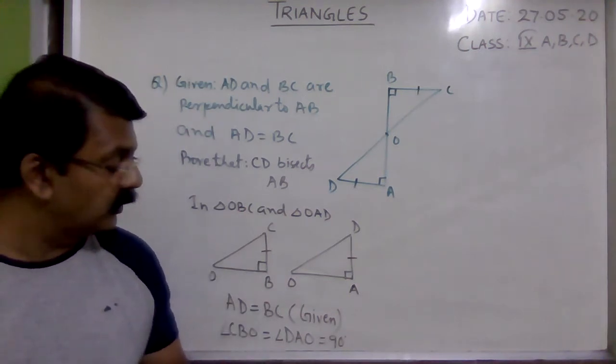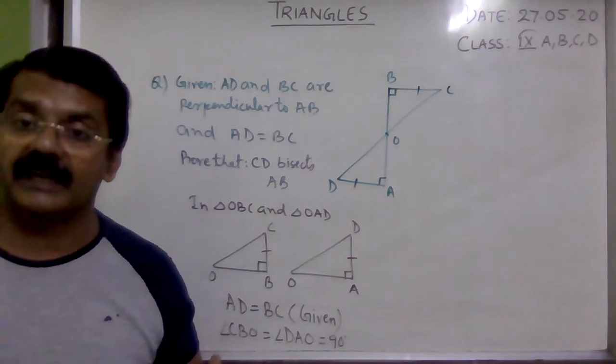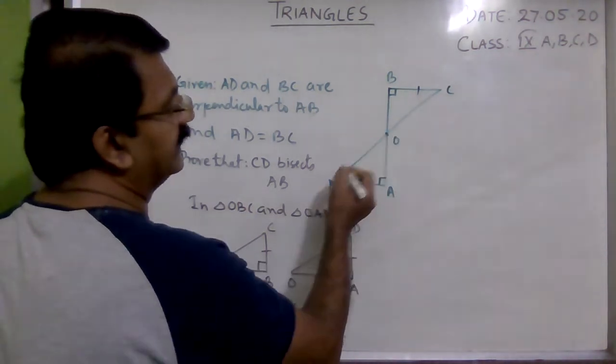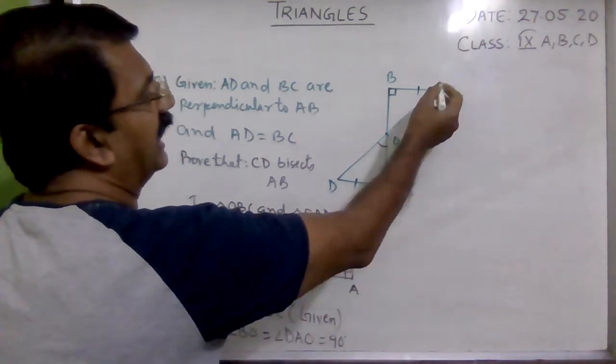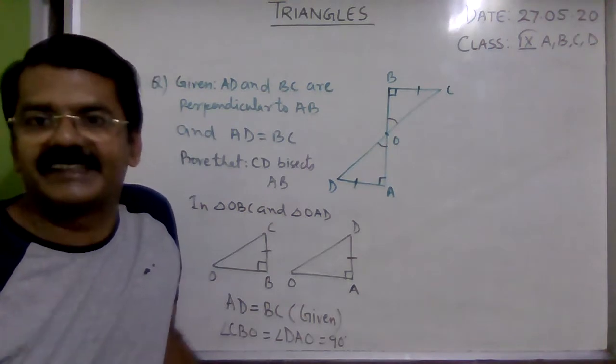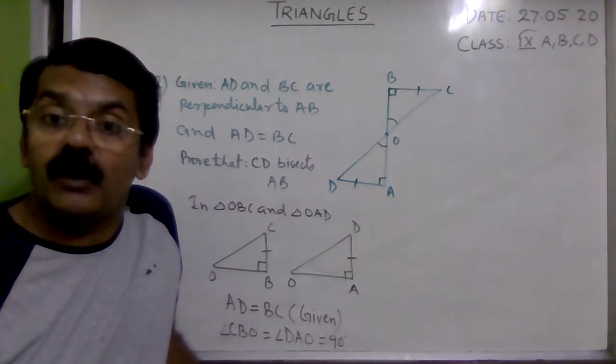Then we have to look for any other side or any other angle. If you pay attention, you will see that angle OAD, this angle, and angle COB are equal. What is the reason they are equal? You are correct. They are equal because they are vertically opposite.